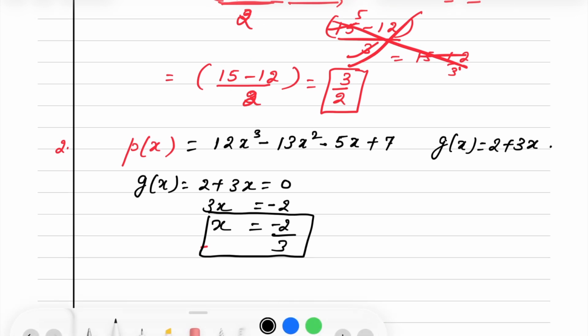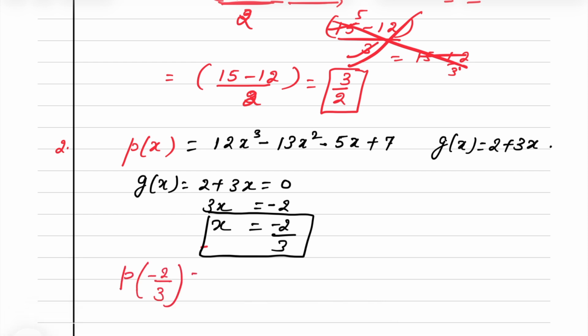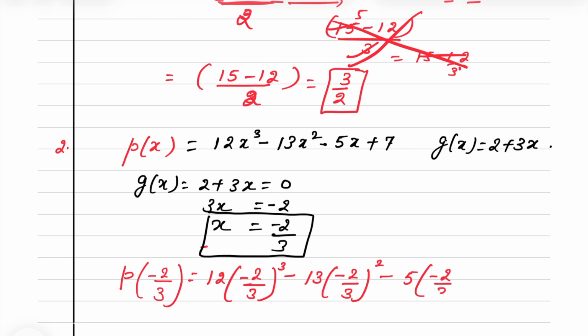Now when you put the value p(minus 2 by 3), remember that you will not make any mistake in the first line. 12 times (minus 2 by 3) cube, minus 13 times square, minus 5 times (minus 2 by 3), plus 7.